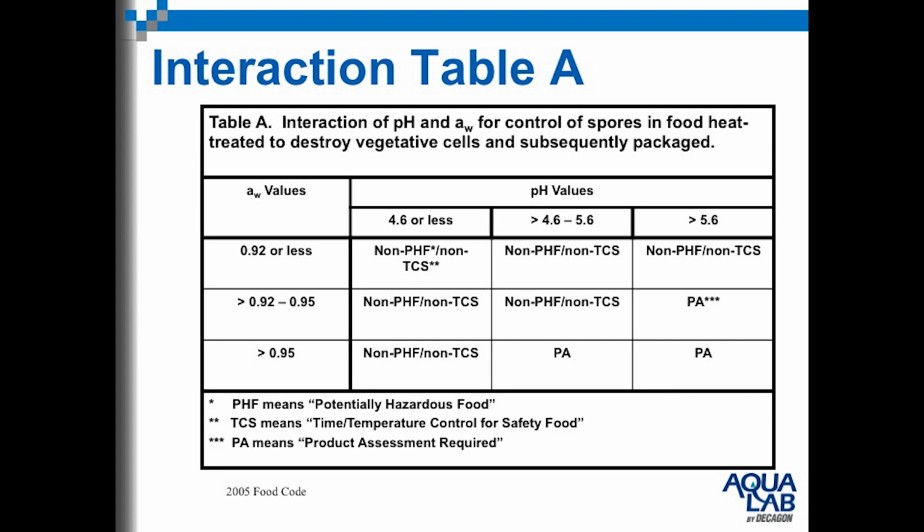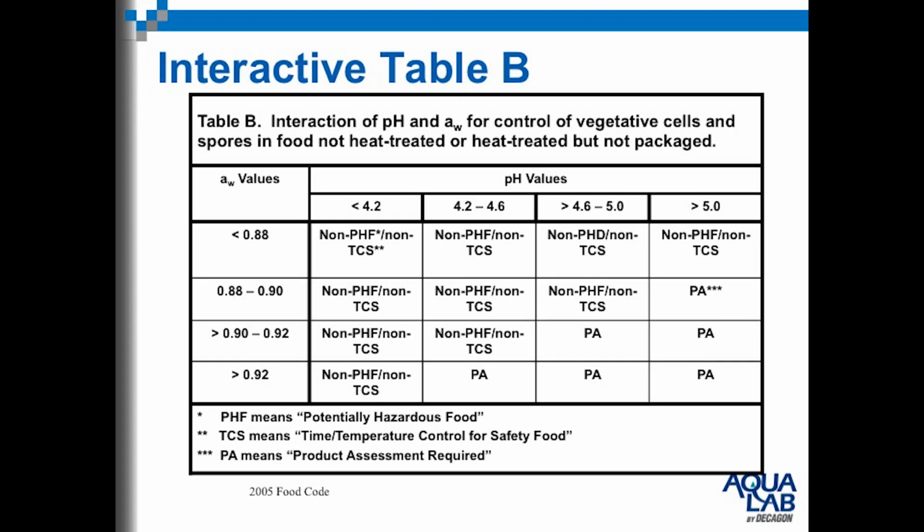But you can also get effective control at even higher water activities as long as your pH is lower. So while you may not be safe at a water activity of 0.92 to 0.95 at 5.6 pH or higher, you are still safe at 4.6 to 5.6. So you have these combined synergistic effects that give controls at even higher levels.